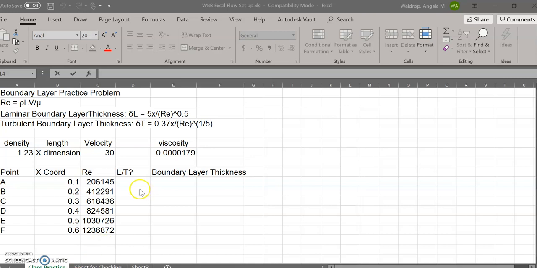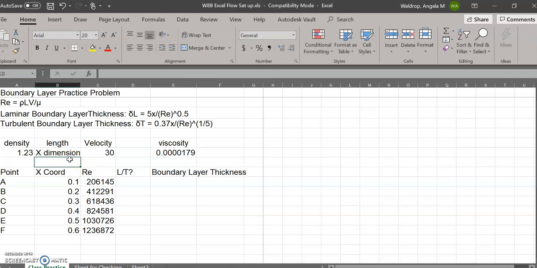The next thing I want to do is fill in my values here. Now this is going to be L/T. I went ahead and put a column in there to say, is it laminar or is it turbulent? So I can either type it in by hand, or I could use logic in Excel, and I'm going to do that.